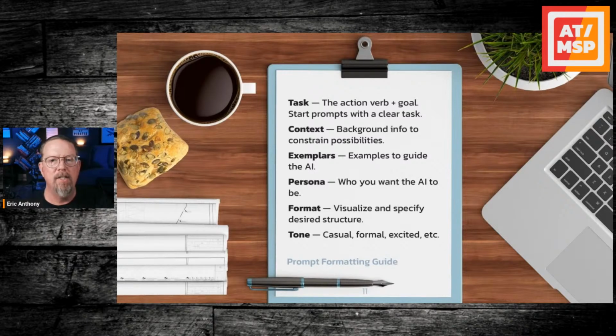So lots of different things that you can do here. There's lots of different formattings and prompts that you can use based on the type of information that you're trying to get ChatGPT or another generative AI to give you a response for.